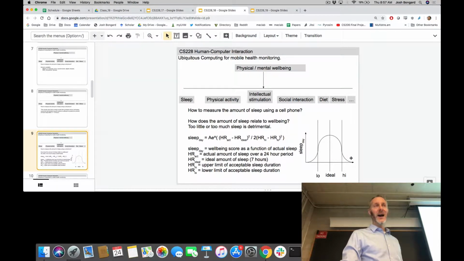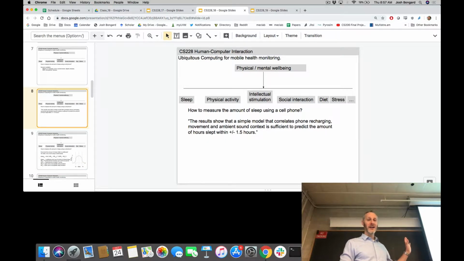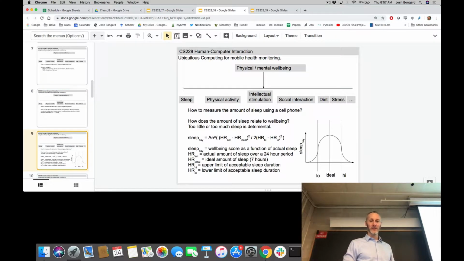If you're spending 9, 10, 12, 14 hours in bed, you're getting a value of sleep sub day also of 0. So we're trying to maximize this value, which is not the amount of sleep, it's the amount that sleep is contributing to your positive physical well-being. Okay. Again, you can see how we're moving from the objective to the subjective here.